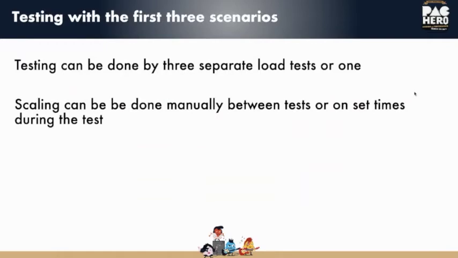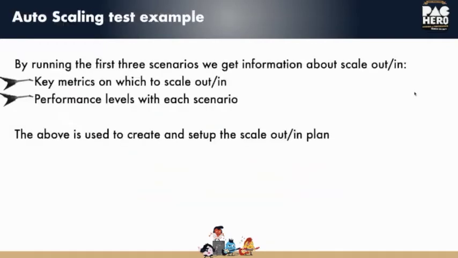These tests give you a lot of information about this last one, and the big test is the full-on autoscaling test, because the first three scenarios give you a lot of information about the key metrics on which you want to scale out, maybe on CPU or response times, and the performance levels associated with each of these sizes.